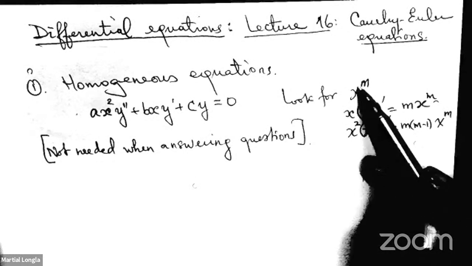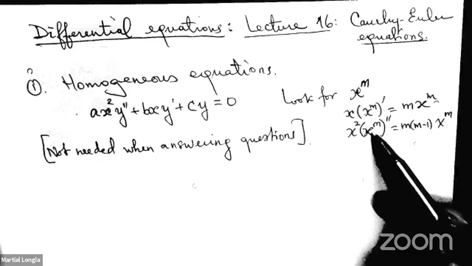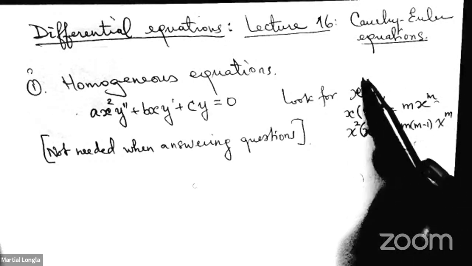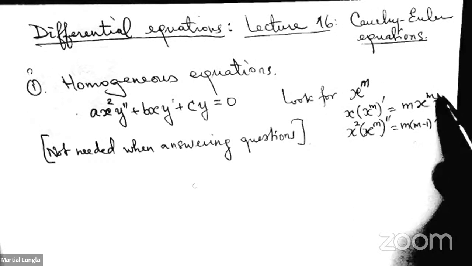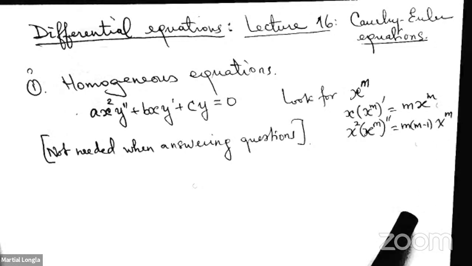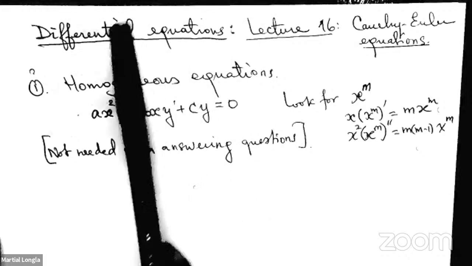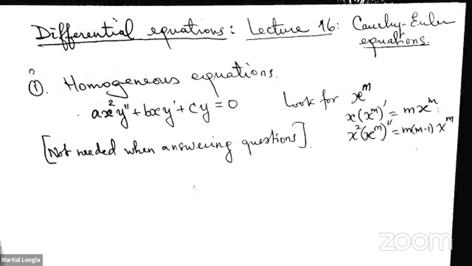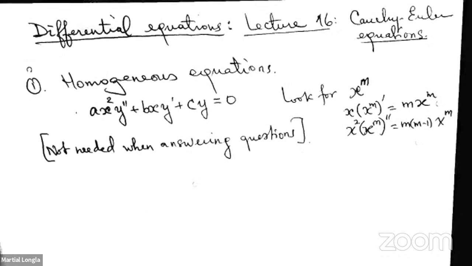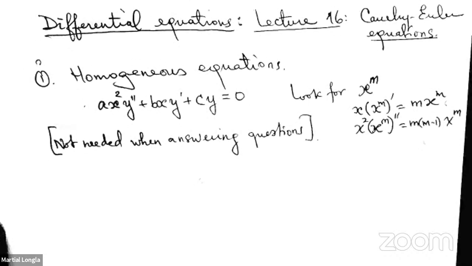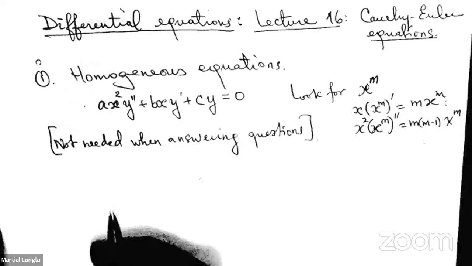So the function, the derivative times x and the second derivative times x squared, all are factors of x to the power m. Therefore, when you plug them in the equation, x to the power m cancels, and you obtain an algebraic equation that you solve for m.